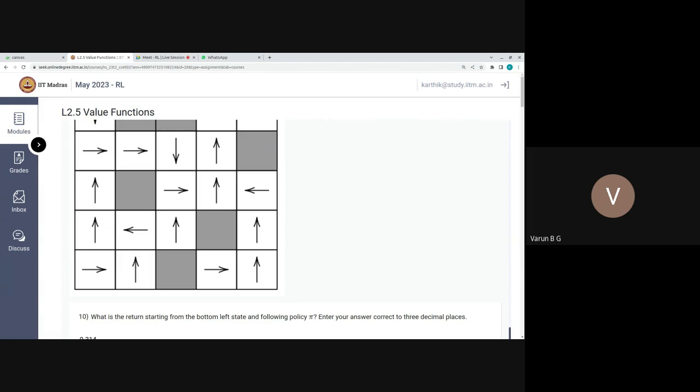Let's say there is a 0.2 probability that, although the arrow is marked right, the agent can move to the top or bottom of it. In that case, what will be the value function for the last question?